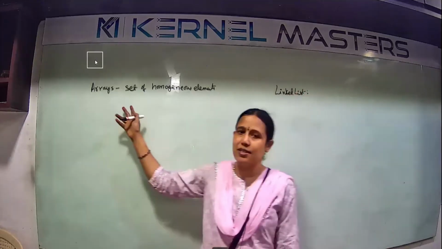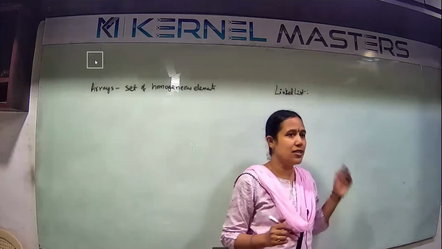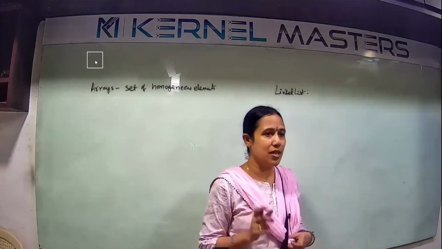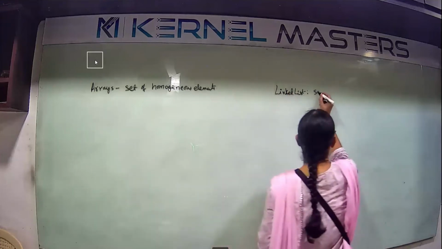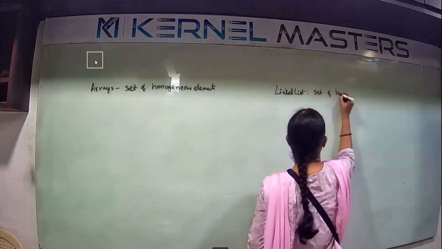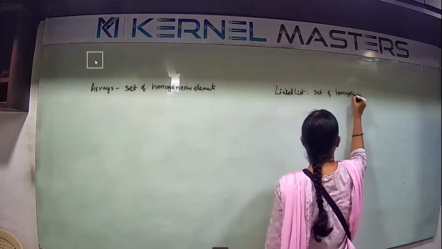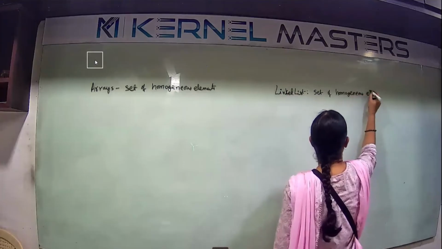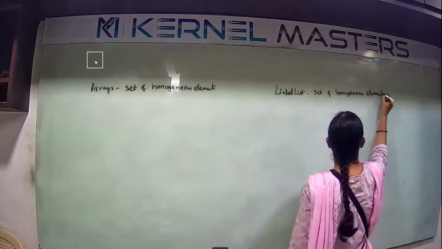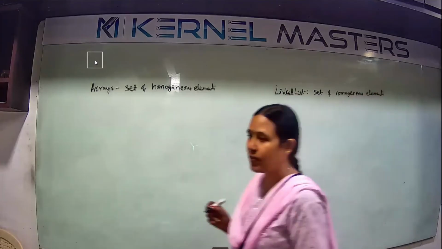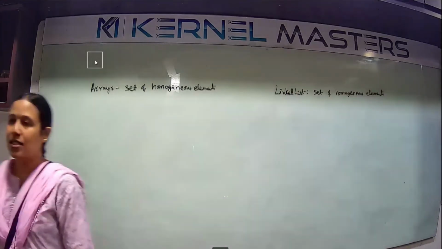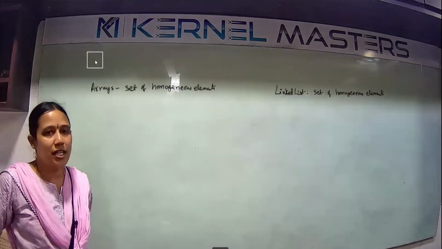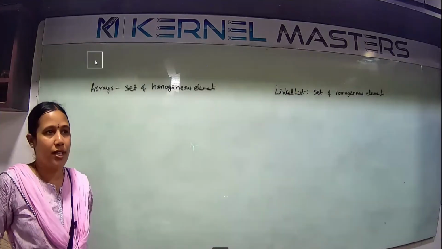Array is also a list. Linked list is also a list. List means set of homogeneous elements. So this is also a set of homogeneous elements only. Both are lists. Array and linked list both are ways of maintaining a set of same kind of things.